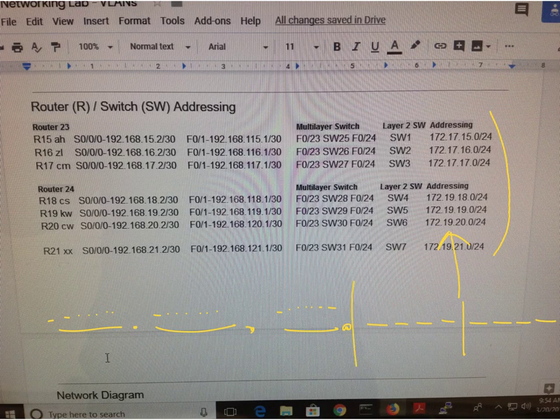And so this was a 24, and then we borrowed 4 bits, so now a 28 prefix. 16 more networks with 14 hosts per network.